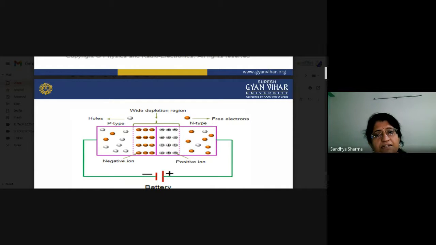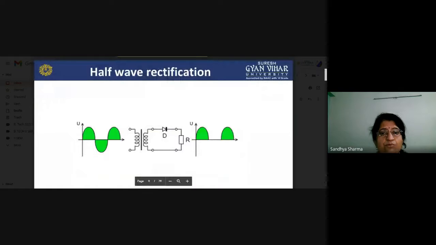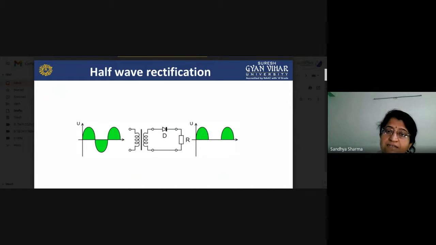When we use a diode as a rectifier, in the positive half cycles it will be forward biased, it will conduct and current will flow. But when the diode is reverse biased, it offers very high resistance and works as an open circuit.